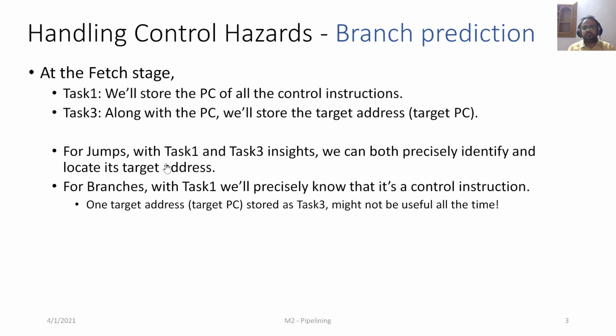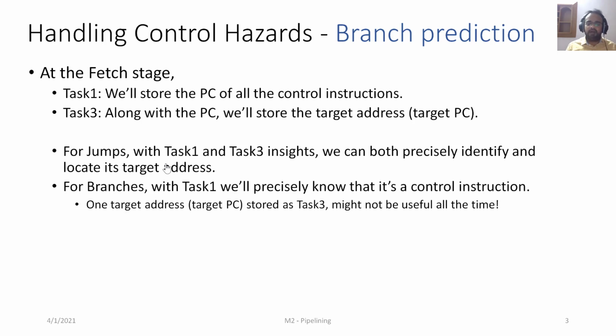But in this instance, based on the values in the registers, it might not be taken. So in the example that we saw, if I equals 0, it has jumped to some instruction, right? That is the target instruction. But the next time we are trying to execute the same instruction, the value of I is 1. So the output of this branch is not taken.